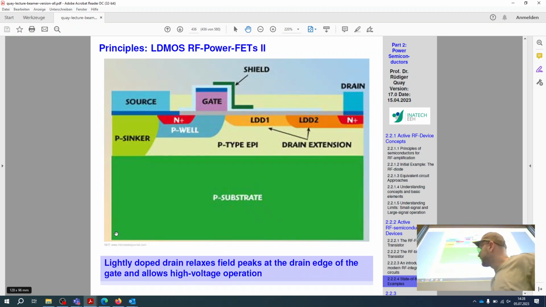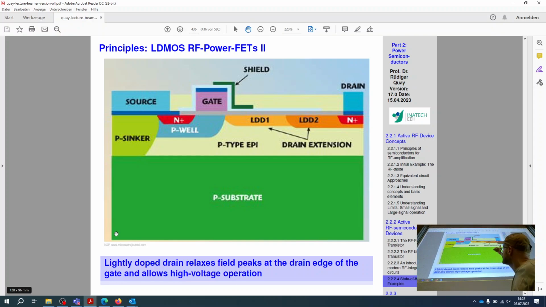So as I said, the respective lateral diffusion is achieved by adding a higher p-type doping across the substrate, increasing the p-type doping, and by adding this shielding to the gate drain contact, so that you can achieve a homogeneous E field spread across the drain gate contact.